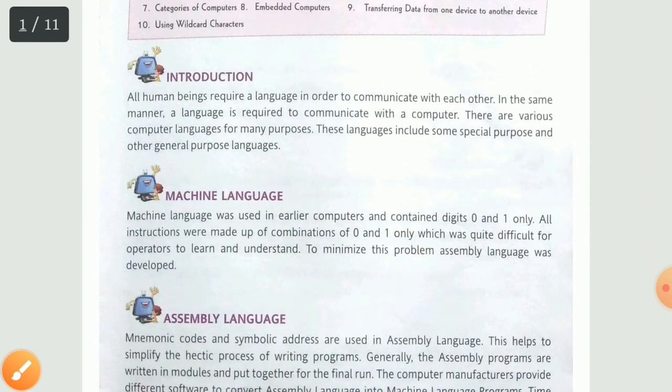Machine languages are the languages that were present at the very beginning. When the computer had just evolved, the only language your computer understood was machine language. What is the meaning of machine language? It means only 0 and 1.